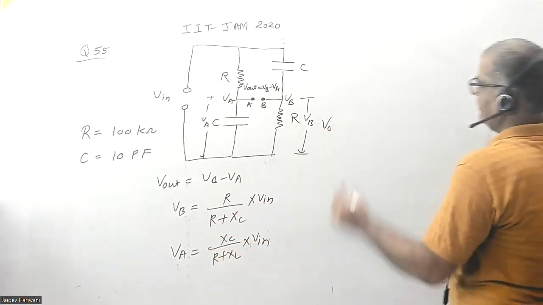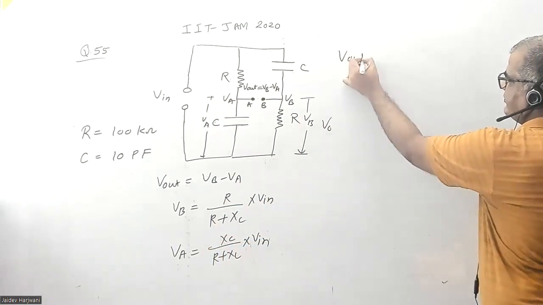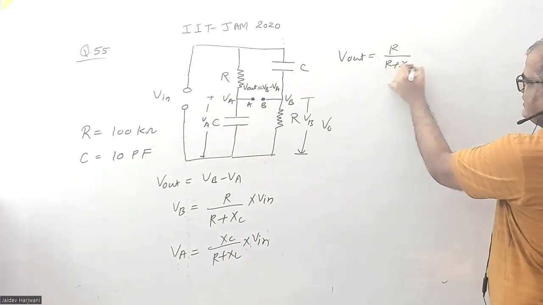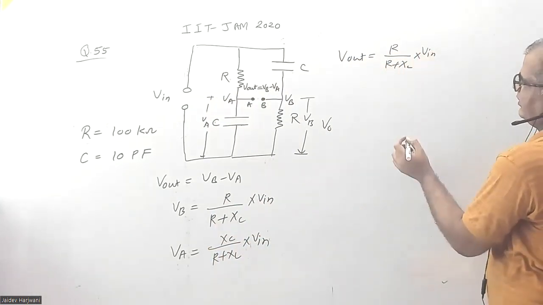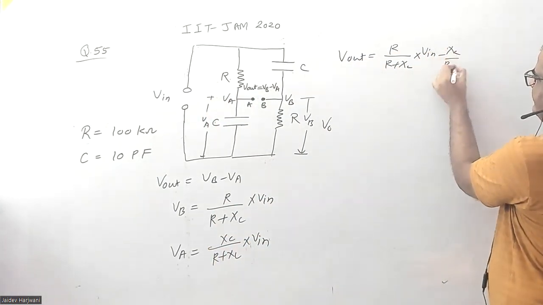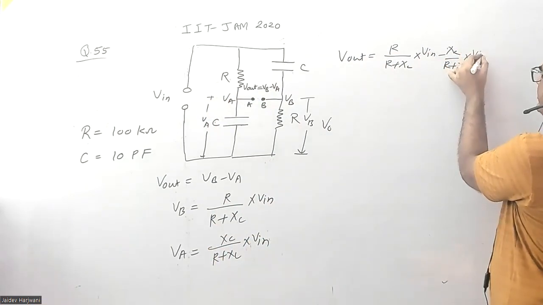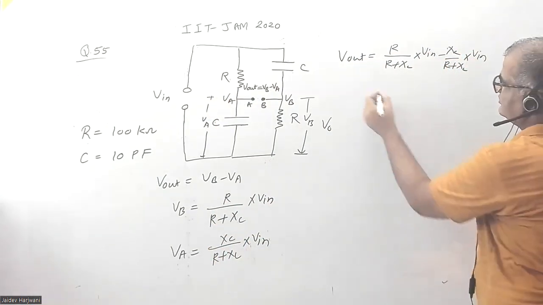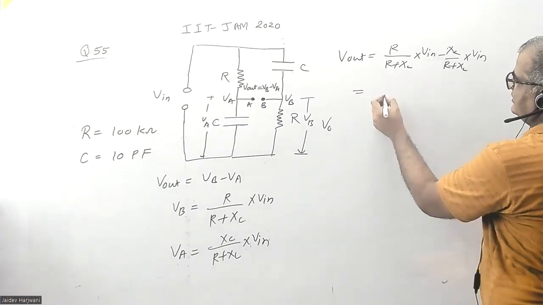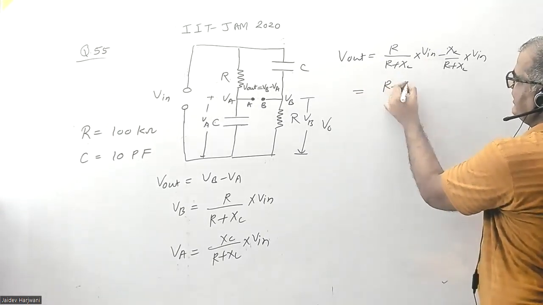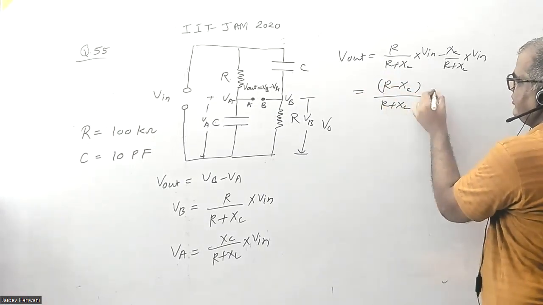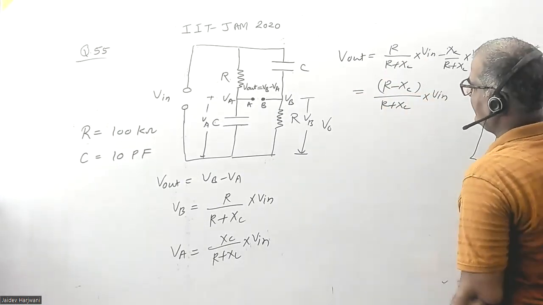Now let me calculate V output. V output is R upon R plus XC into V input minus XC upon R plus XC into V input. Taking V input and this factor common, this gives R minus XC upon R plus XC into V input.